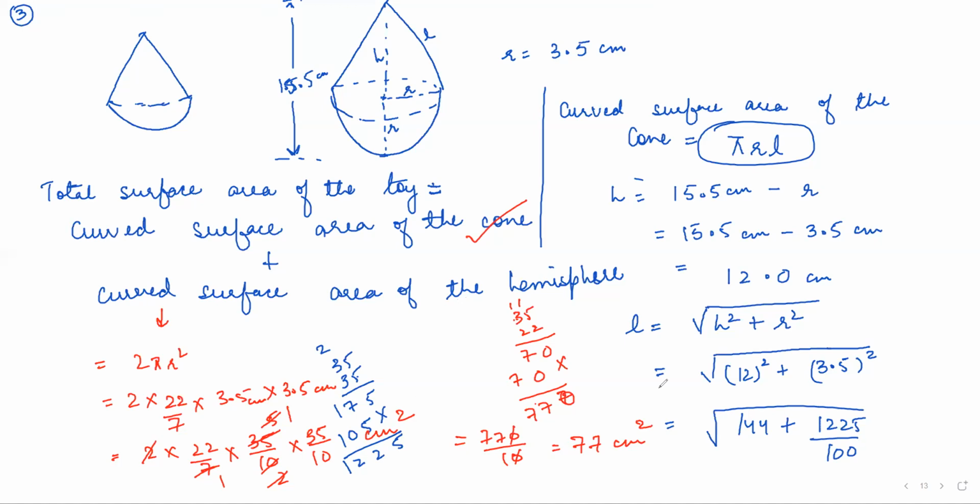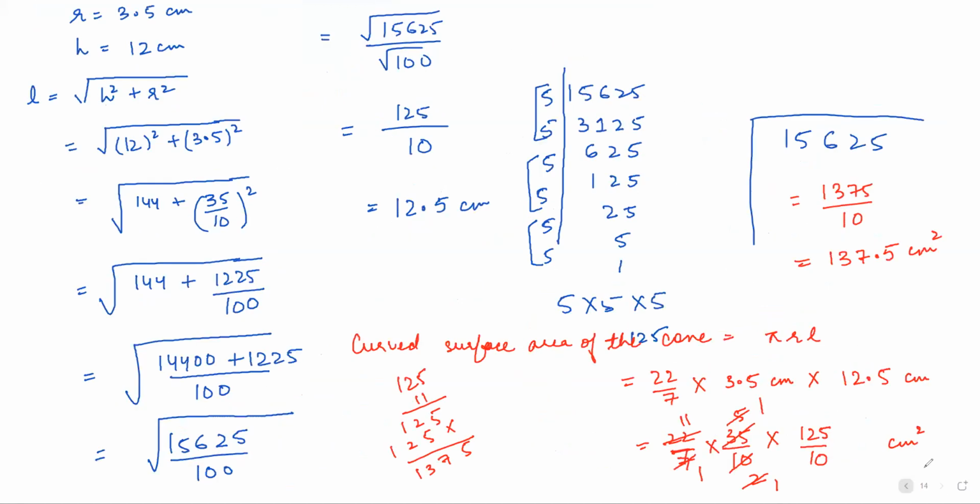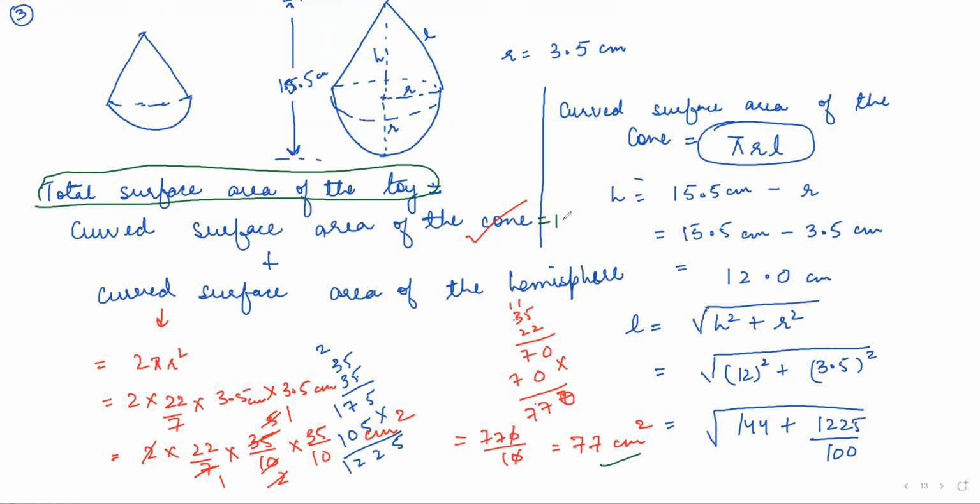Okay, so once you get it, now come back here. You have to find the total surface area of the toy. So add both the things. So please write it properly. I'm just adding here. So the curved surface area of the cone, which is how much I have obtained? 137.5 centimeters square. So this one I got 137.5 centimeters square, right? And the curved surface area of hemisphere, this I have got 77 centimeters square.